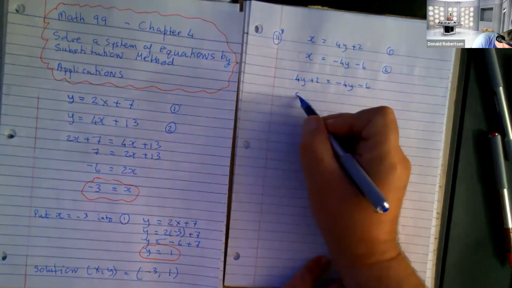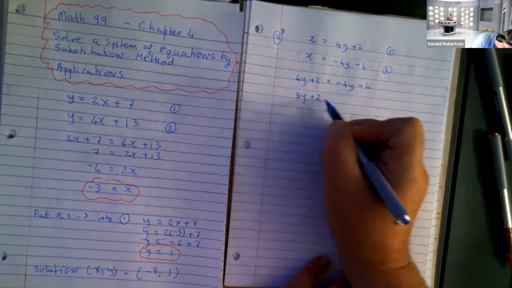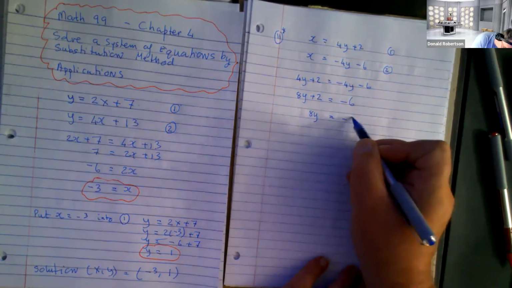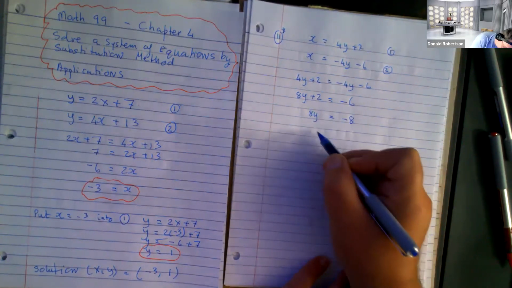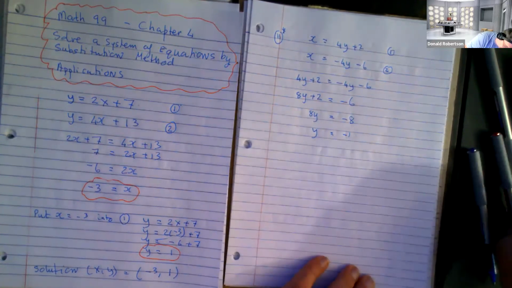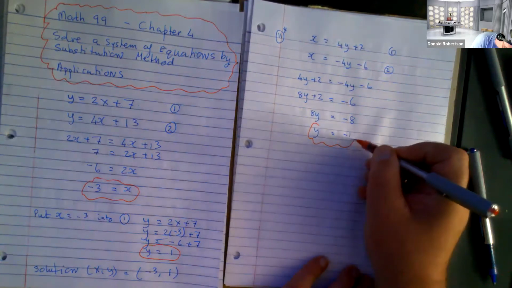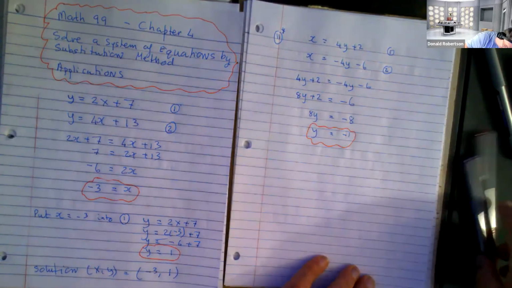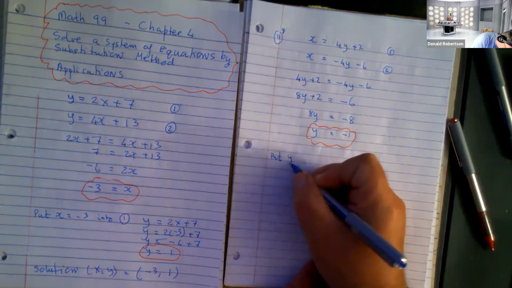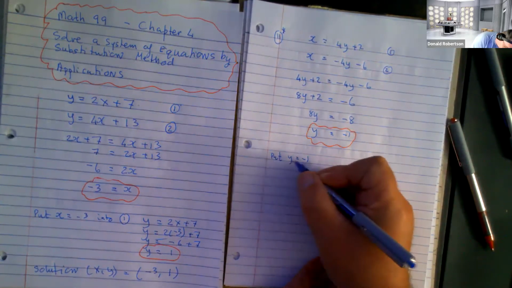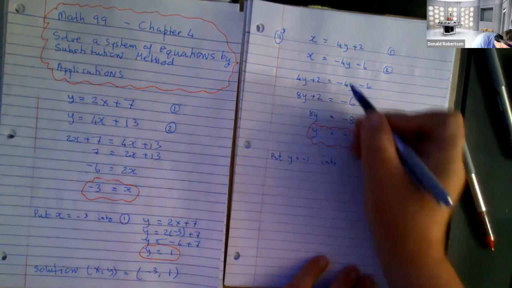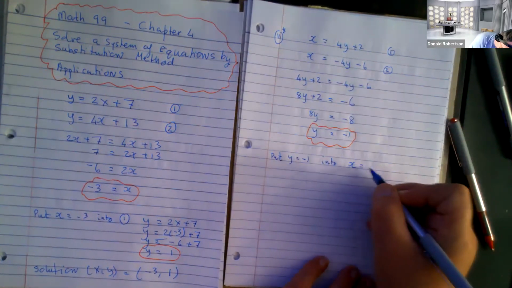And if I add 4y to both sides, if I then take 2 away from both sides, and then I divide both sides by 8, we have half the answer. I will then put, another word for put y equals -1 is substitute y equals -1, and I will put it into any equation I like. Let's do it into the second one.